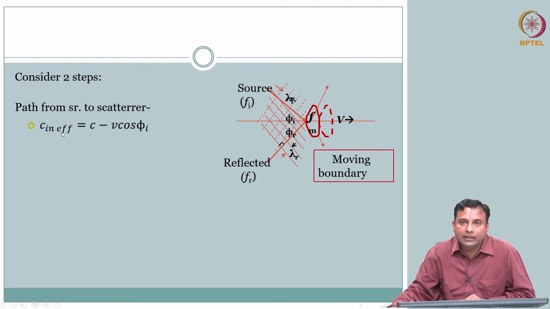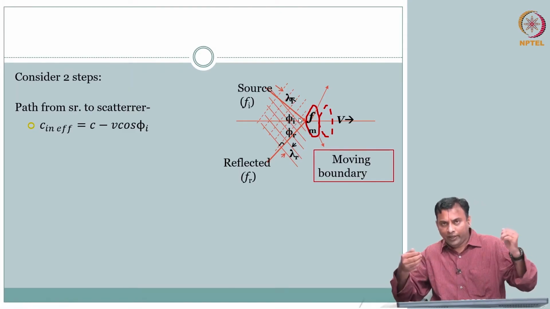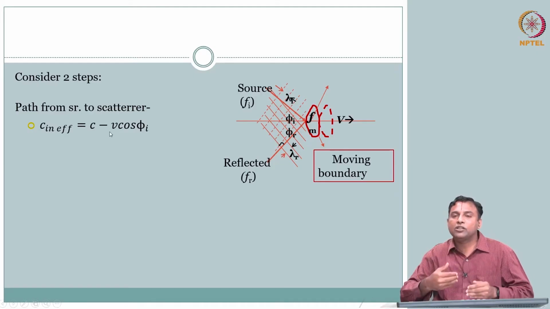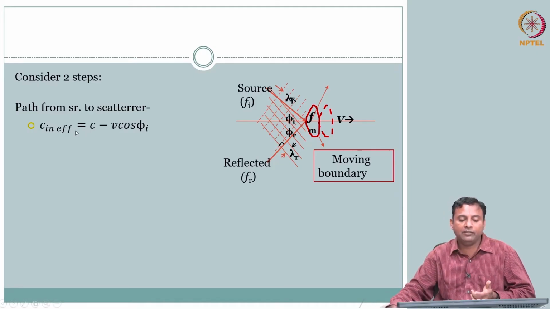That will be c in effective, which is c, without any relative motion, minus the component of v cos phi. You are moving in this direction while the waves are arriving, so you are moving away while the waves are reaching. In some sense it is slowing down; at least you will feel that it is coming slower. So that is my c in effective.